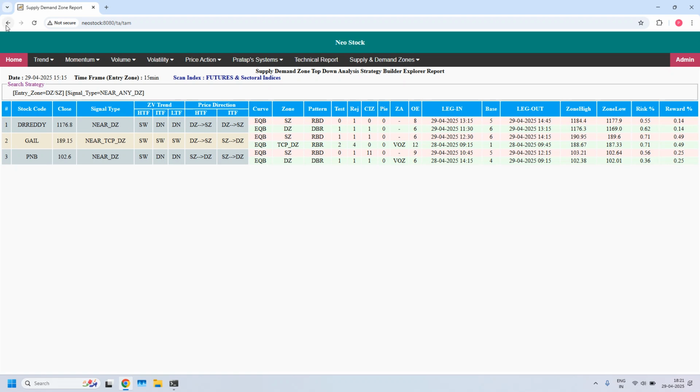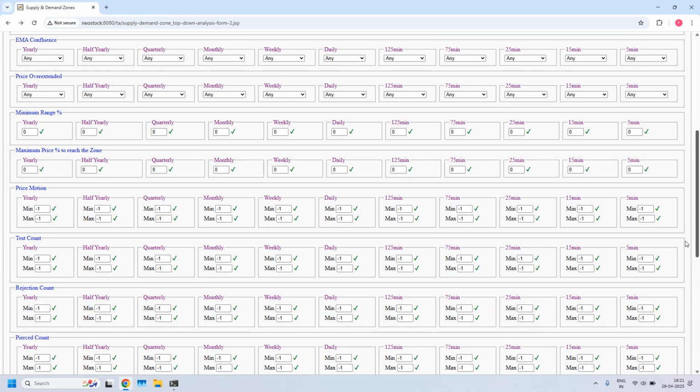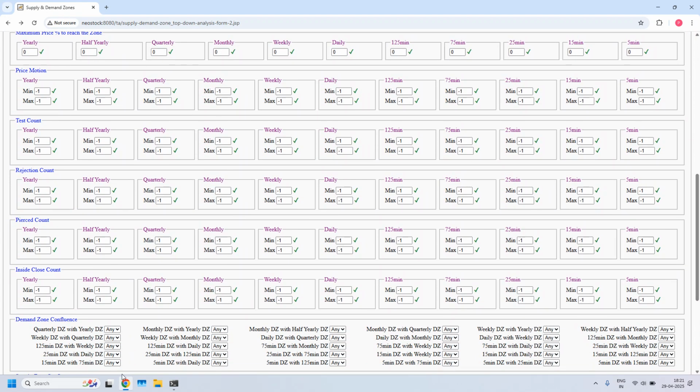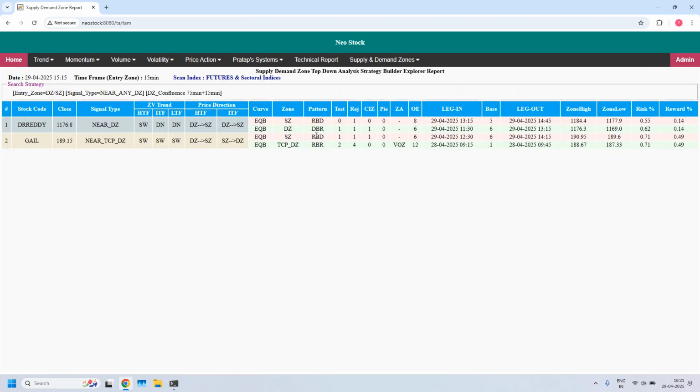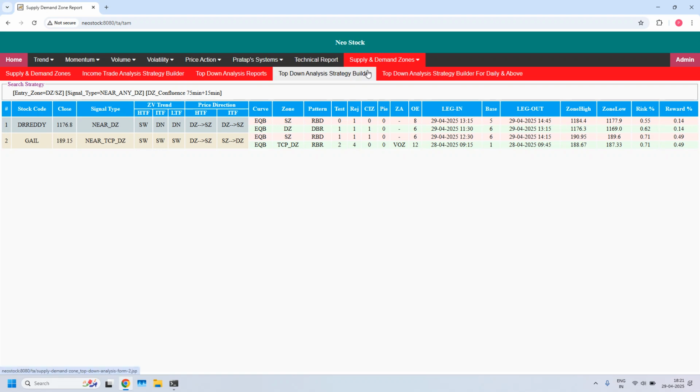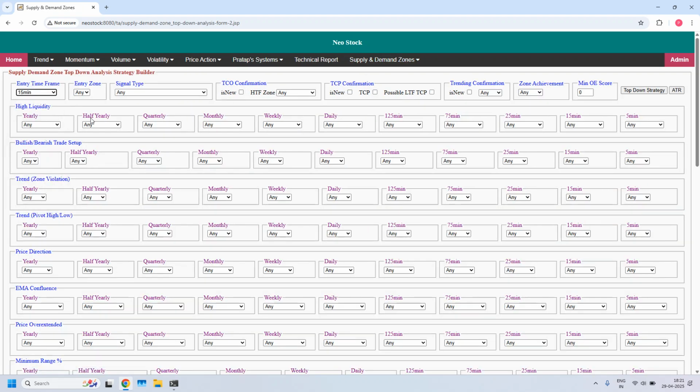Let's filter based on zone confluence. That is 15 minutes demand zone and 75 minutes demand zone confluence. Out of those 3, 2 are having. These 2 15 minutes demand zones are overlapped with 75 minutes demand zone. Okay, next 15 minutes time frame.